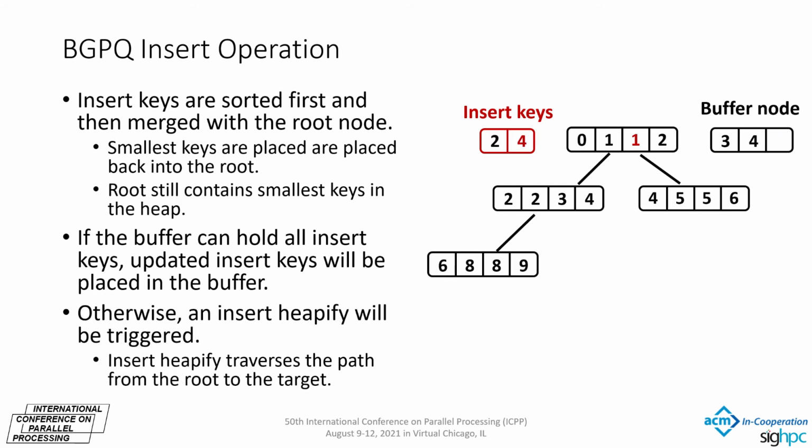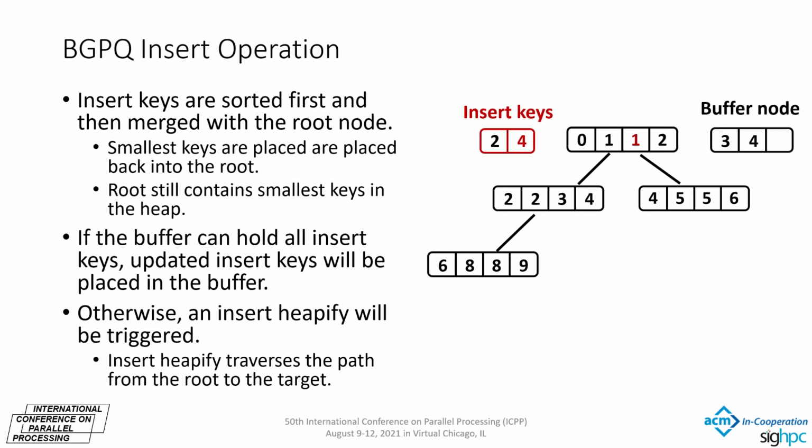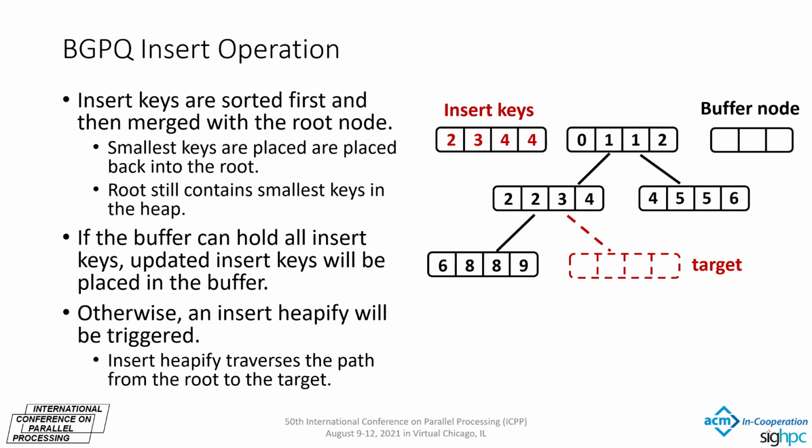Otherwise, an insert heapify will be triggered. In this way, using the buffer node, multiple insert operations may trigger only one expensive insert heapify process and can reduce the heapify overhead. In the insert heapify process, it first determines the target node and then traverses the path from the root to the target.